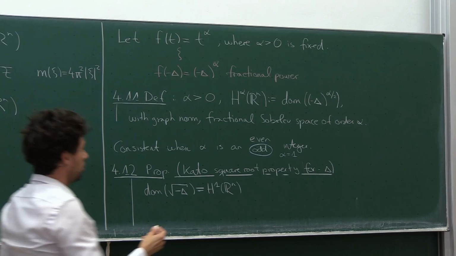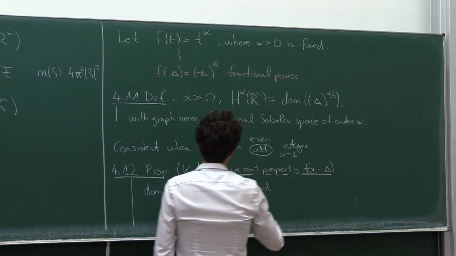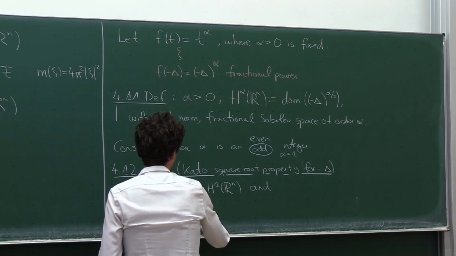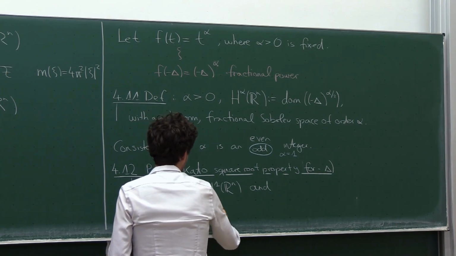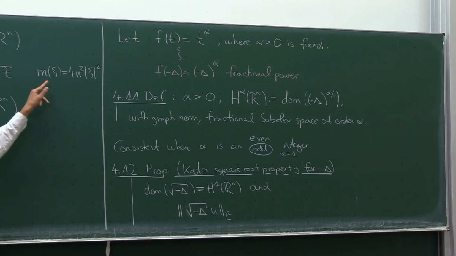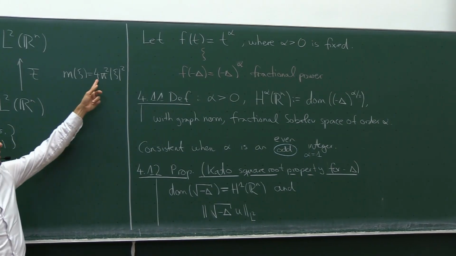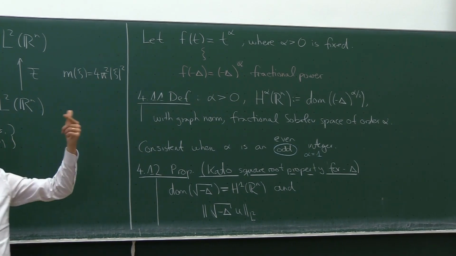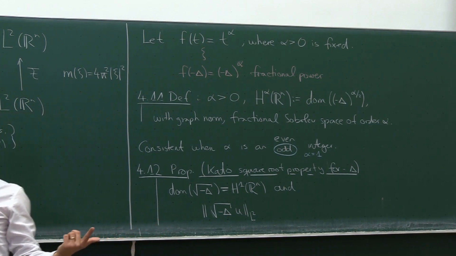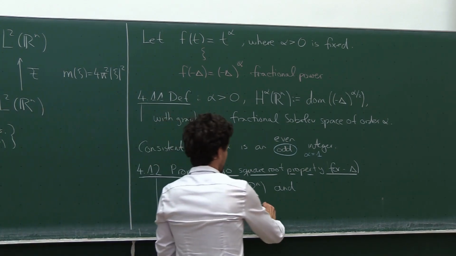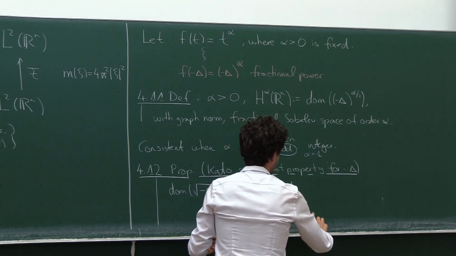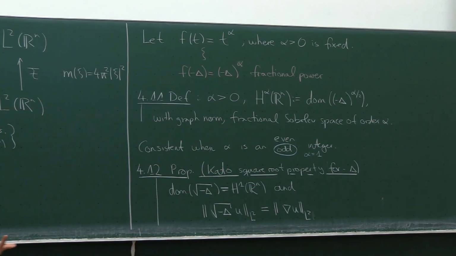And moreover, if you think in terms of Fourier transforms, well, the square root of the Laplacian in L2 norm, I told you up to a constant, and the constant is 2 pi, so this is 2 pi times the absolute value of xi in L2 when I take Fourier transforms, which is precisely the same thing that you would get if you take the gradient of u. The Fourier transform has exactly the same symbol.